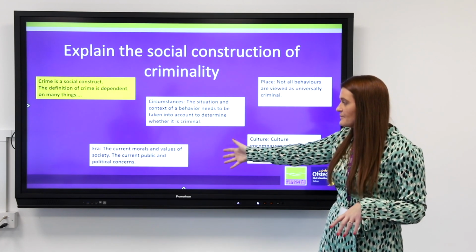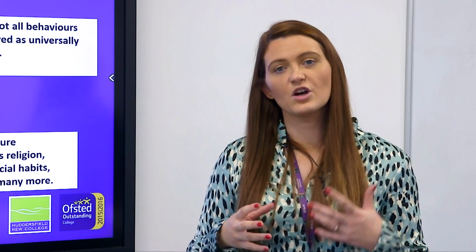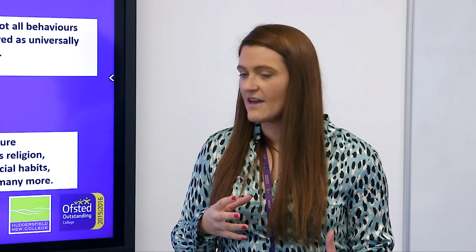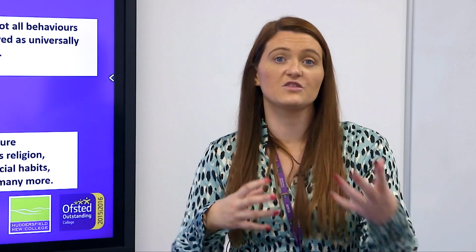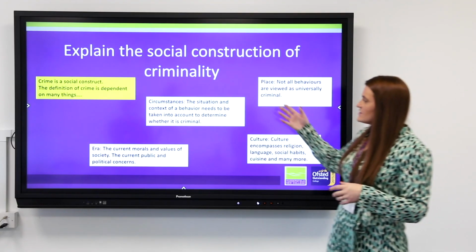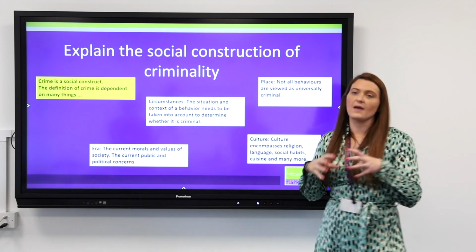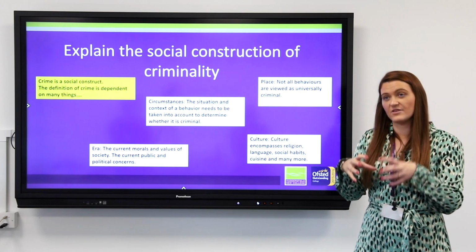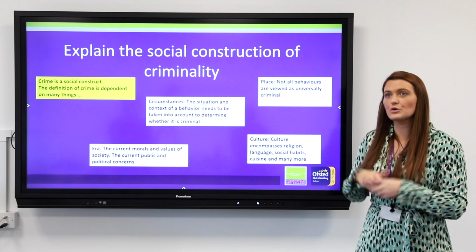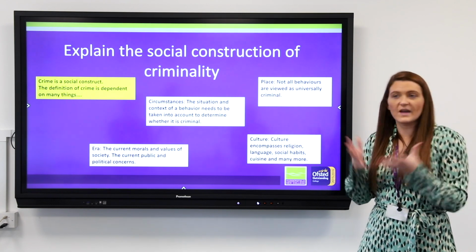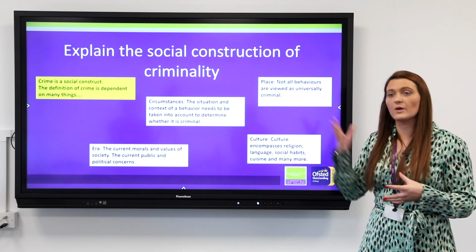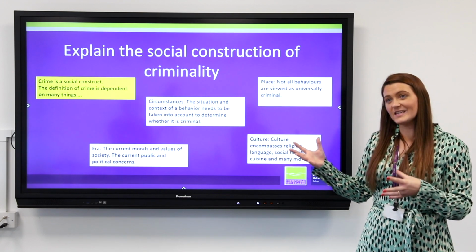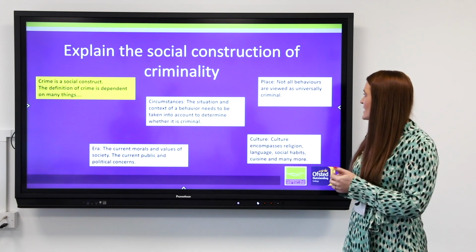Let's look at era. Over time, morals and values change, public concerns change, and so therefore the definition of crime has to change with that. Sometimes you need to look at the circumstances in which a crime happens to define whether that behaviour is actually criminal. For example, using your mobile phone. That's not illegal, but if you do it whilst you're driving and you're not using a hands-free kit, it is illegal.